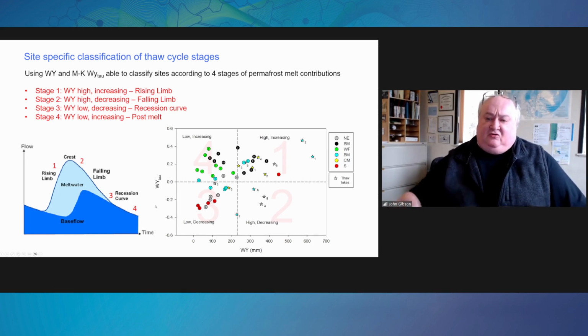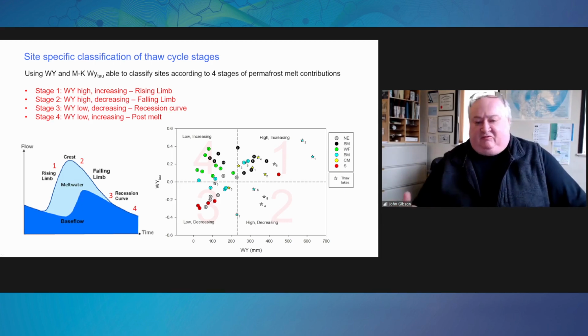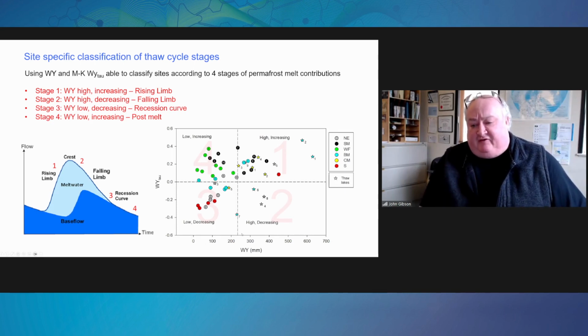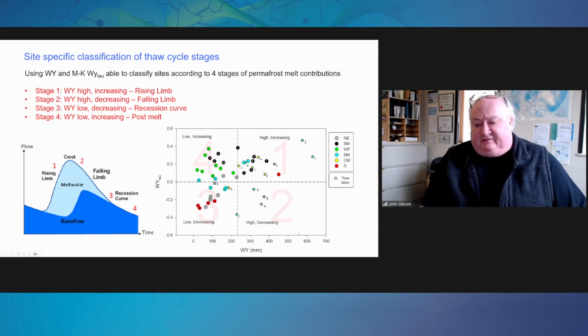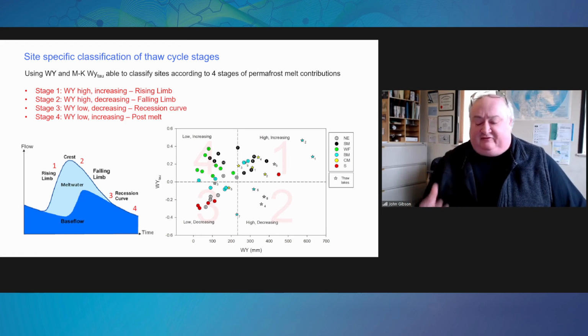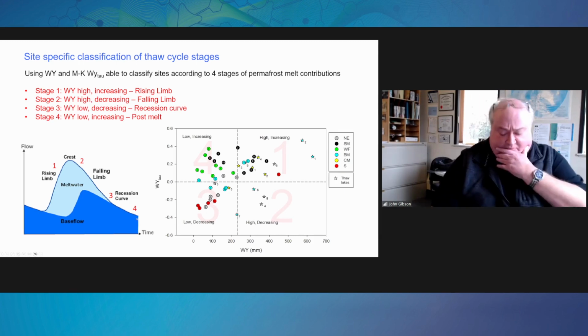So we have a way of classifying whether the lakes have above average water yields or below average water yields. That's on this lower axis. And then this is the trend. So is it a positive trend or a negative trend? And this tells us a lot about the position on the thaw hydrograph.